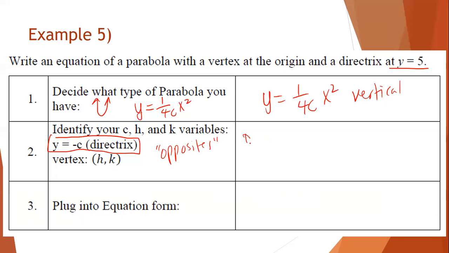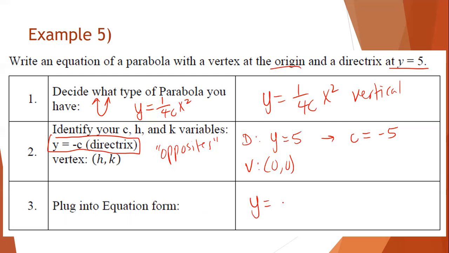So if my directrix is at y equals 5, what does that mean my c value has to equal? -5, because they are what again? Opposites. They're opposites of each other. And if there's no visual h and k, what is my vertex? 0, 0, because it says origin in there. Do I have everything I need to find my equation?